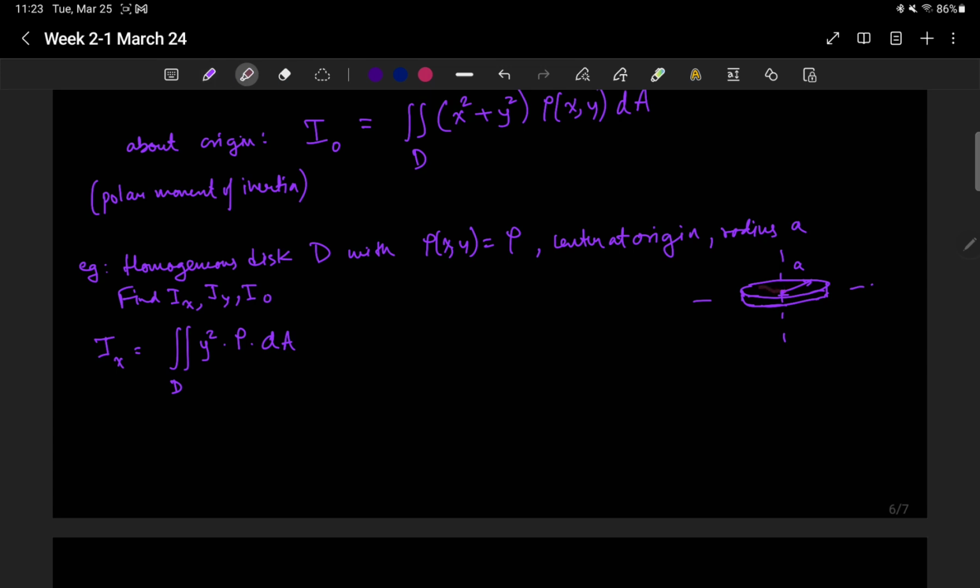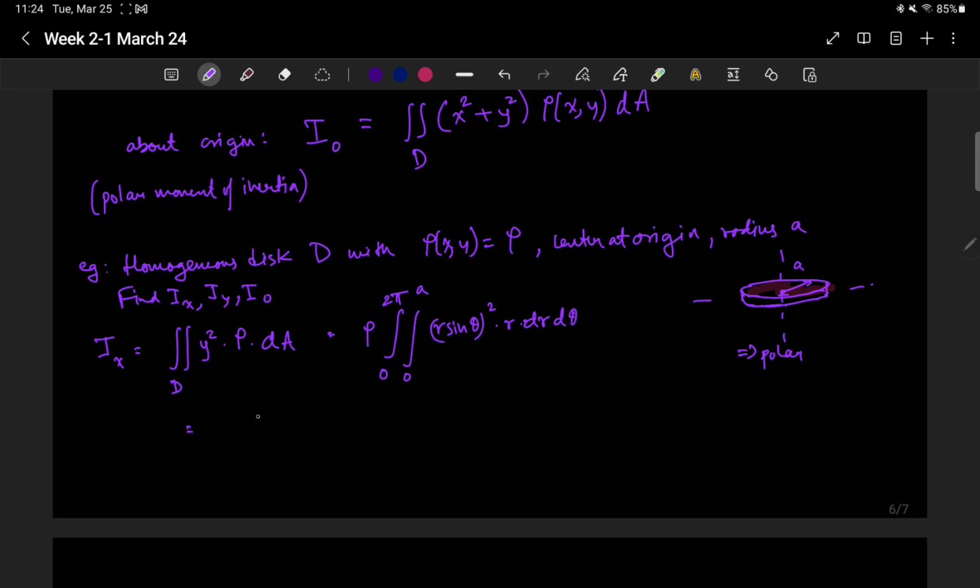So the base that we are working with is circular, and whenever we have something circular, we will use the polar method. So if we use polar method here, first let's look at the limits. The radius goes from 0 to a, and we make one full circle. So this is 0 to 2 pi. The rho is a constant, it can be pulled out. Y is r sine theta, so this becomes r sine theta whole squared, and we have that additional r for polar coordinates.